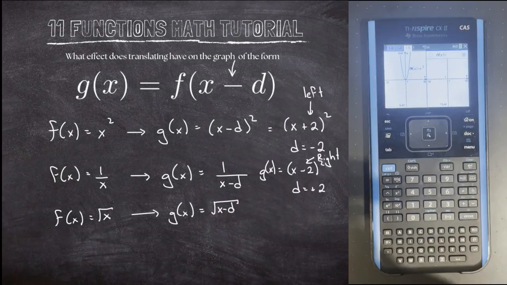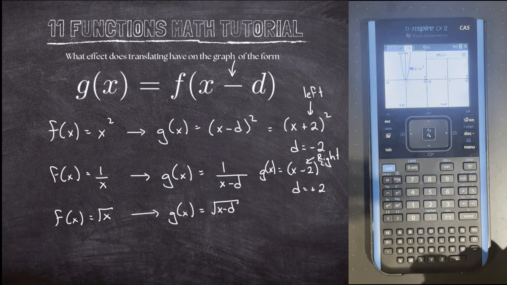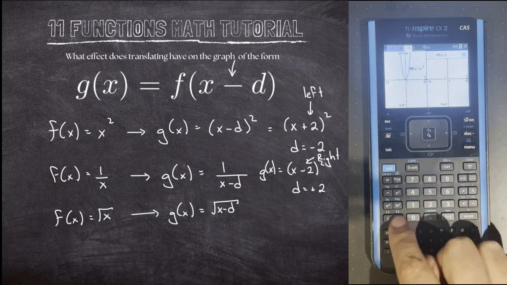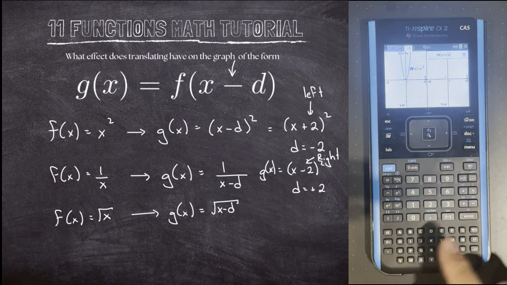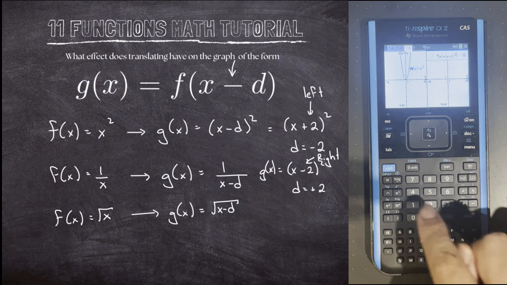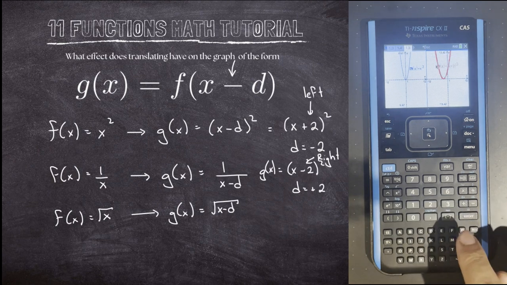Let's take a look. All right, so there we have our x squared function. Now if we look at x, let's do 2 again, add 2 and square. It looks like it moves it horizontally to the left for a positive value.